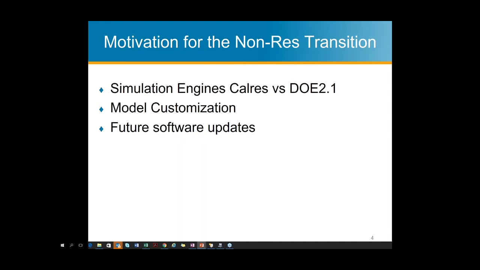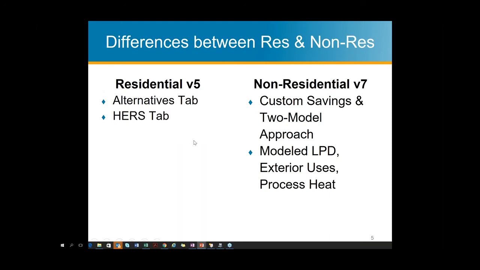Within non-res software, there are some technical differences. As far as model customization, you could take credit for larger lighting savings and appliances. There's a lot more flexibility in that. Some of the main differences are that in residential version 5, you could do all your measures in the alternatives tabs, while in non-res version 7, you could do a lot of those measures the same way, but you're going to have to do a two-model approach for certain measures such as indoor and outdoor lighting and appliances.